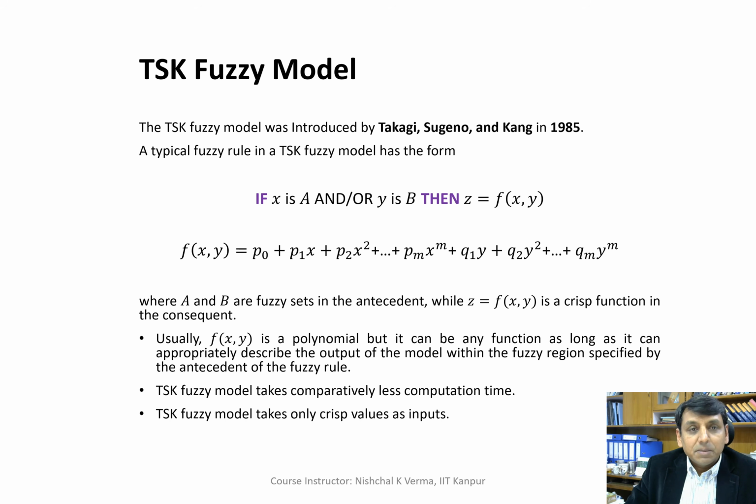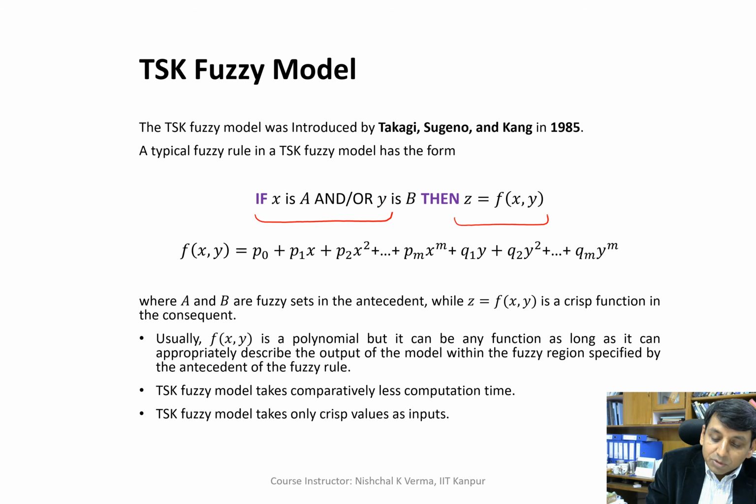And a typical fuzzy rule in a TSK fuzzy model has the form: if x is A, and then we have some connective, either and or or, and then the next antecedent, y is B. So here we have the premise and then we have the consequent.